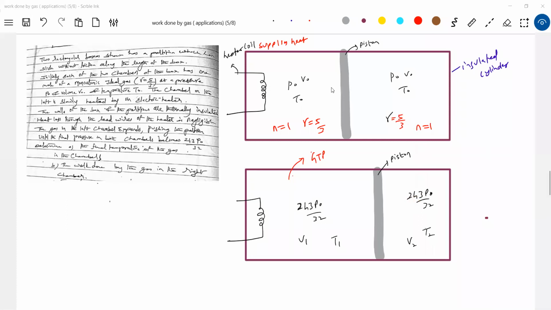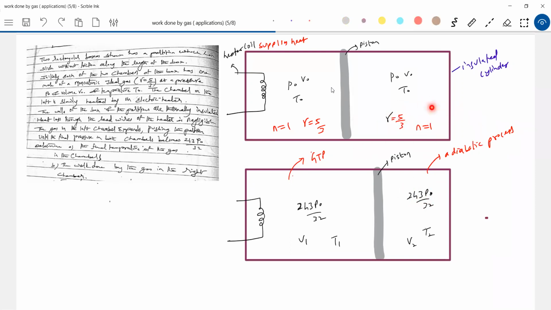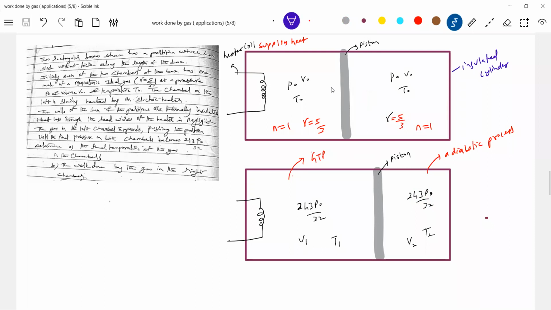The gas will undergo an adiabatic process. Any reason for that? Pressure, temperature, volume, all three are varying, and there is no heat exchange for this gas. Nowhere is the heat entering. Sir, through the piston? What is the piston? Non-conducting. Getting the idea? The question itself says the piston is non-conducting.